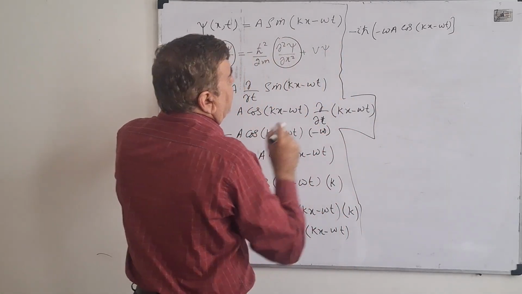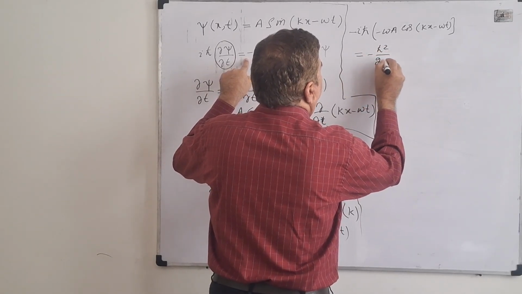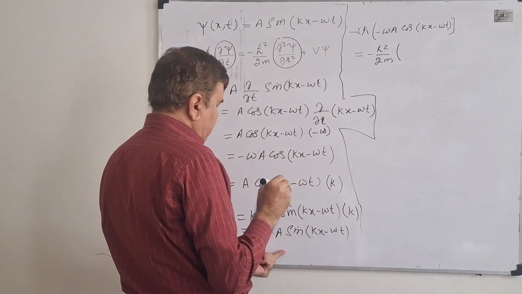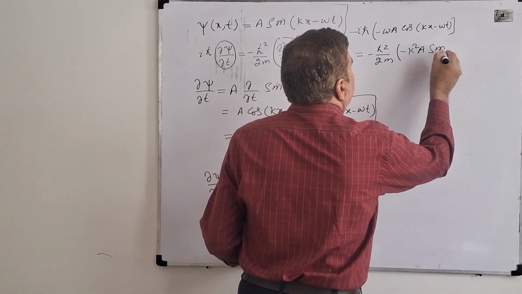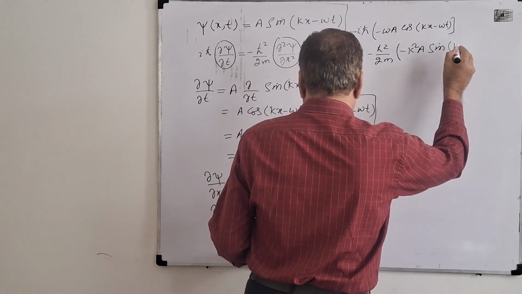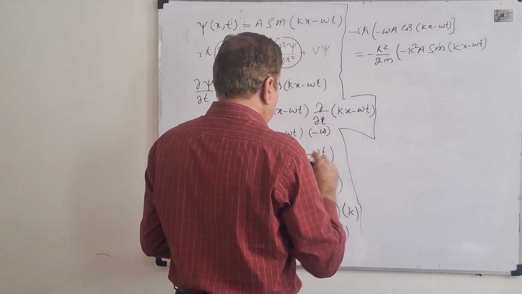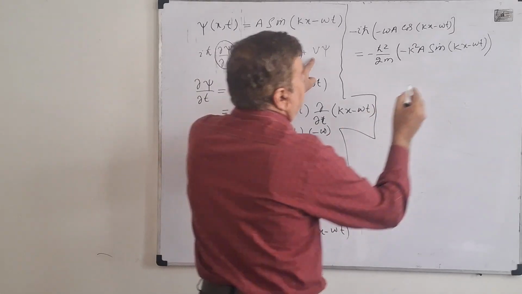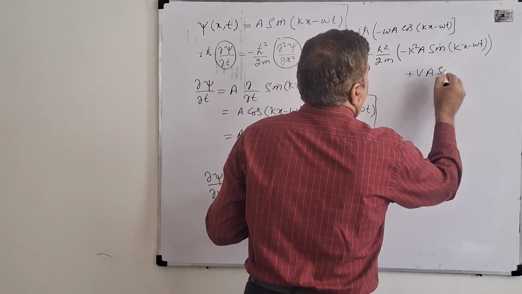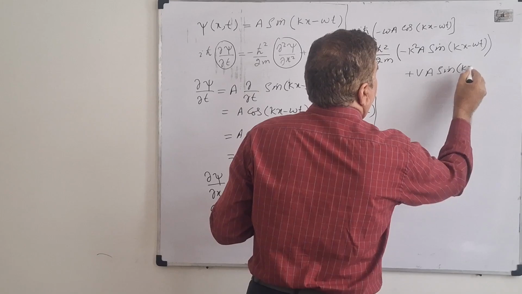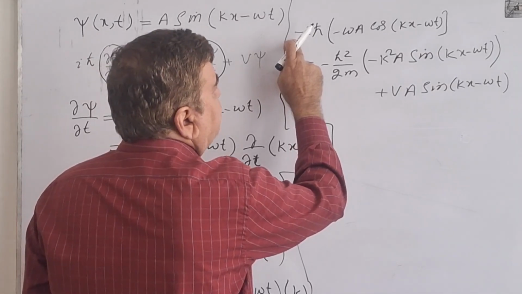That's the left side of the equation, and this left side equals minus h bar squared divided by 2m times the value of this, which is minus k squared times a sine of kx minus omega t, and then this term just becomes plus v times the wave function, so it becomes plus v a sine of kx minus omega t.